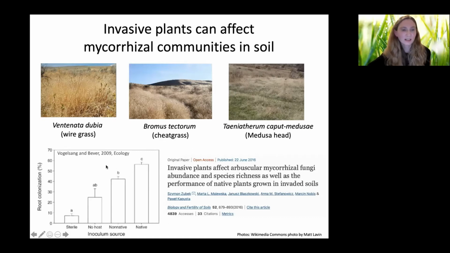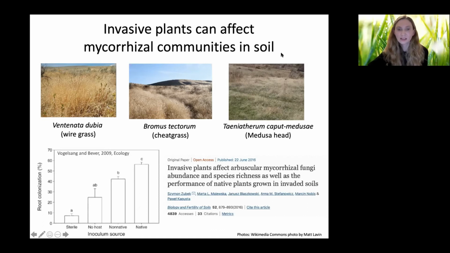And here's a study that was done by Vogelsang and Bever in 2009, where they grew plants in soil that they had collected from an area that was dominated by non-native plants, and also grew plants in soil that was from a native plant area. And what they found was that colonization levels of the fungi in the roots were higher when they were grown in native soil compared to the non-native soil. And then they have some controls here.